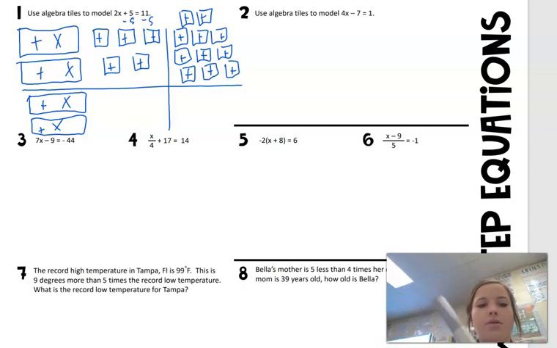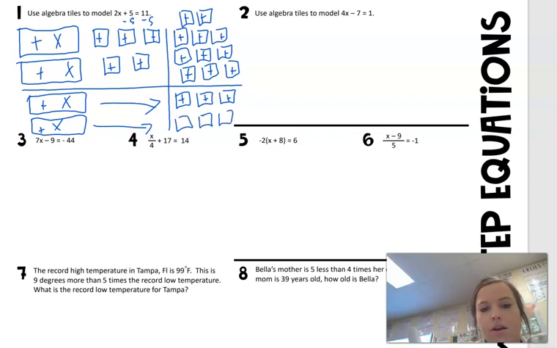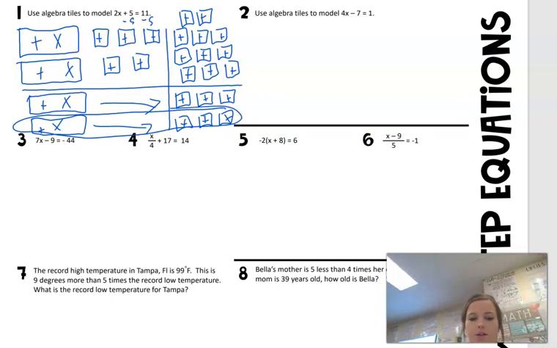Well, we have to divide both sides by 2, so therefore 1x equals 3. So this x here equals 3. This x here would equal 3. So x equals 3 would be our final answer.